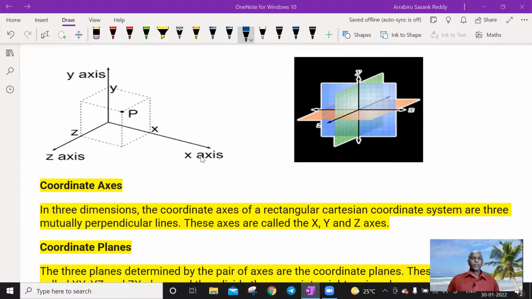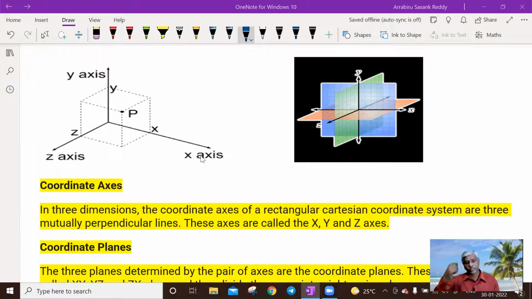Here we are taking another dimension, Z. All these axes are perpendicular to each other. If you take in space, you can take an infinite number of axes also, but now we are taking 3 axes, 3 dimensions: X dimension, Y dimension, and Z dimension.